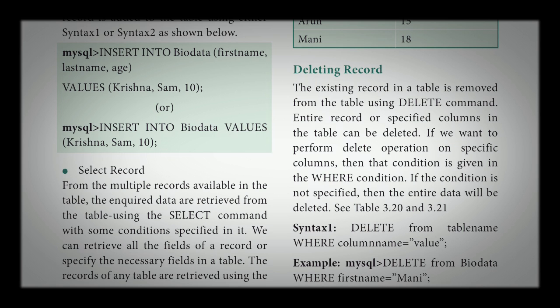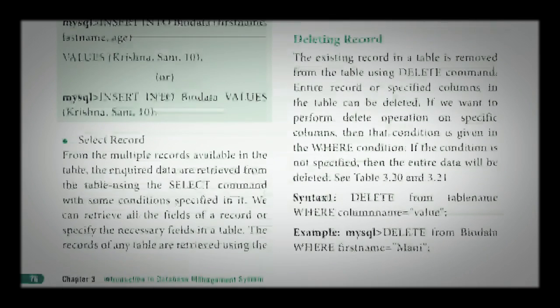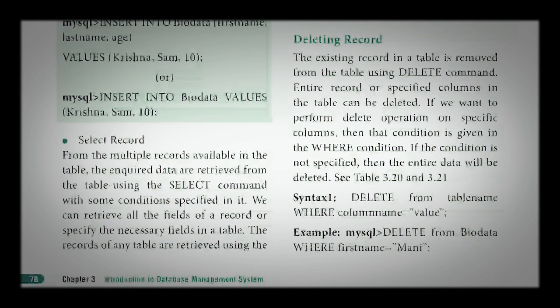If you want to perform a delete operation on a specific column, then that condition is given in the where condition. If the condition is not specified, then the entire table will be deleted. See tables 3.20 and 3.21. We are going to see that in the following pages.